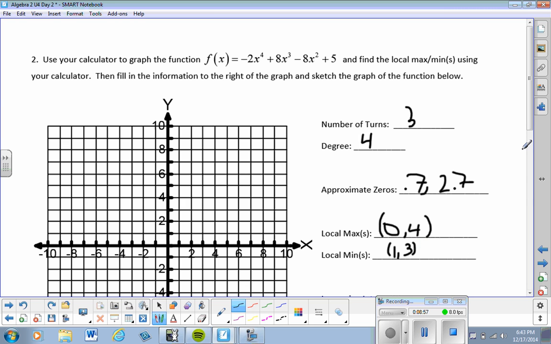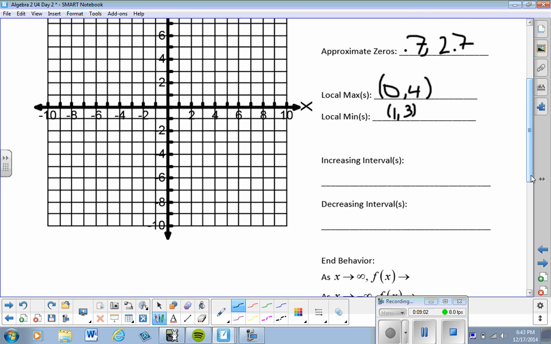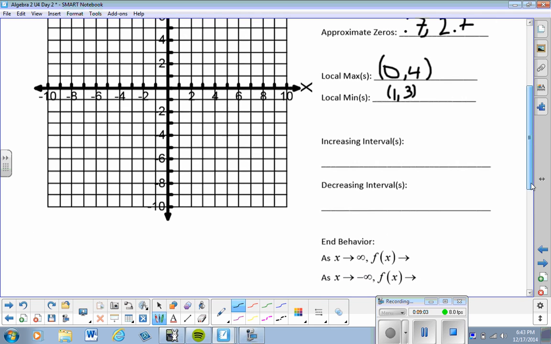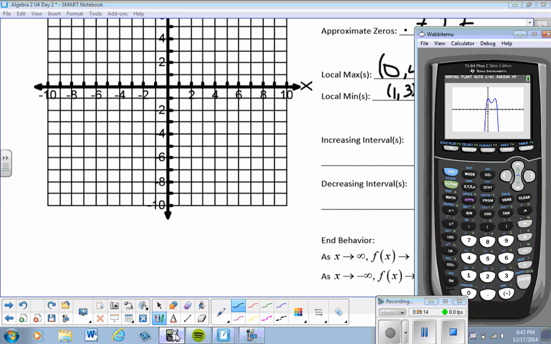Alright, so now I'm going to look at where it's increasing, decreasing, and the end behavior. So it's increasing from negative infinity to 0.